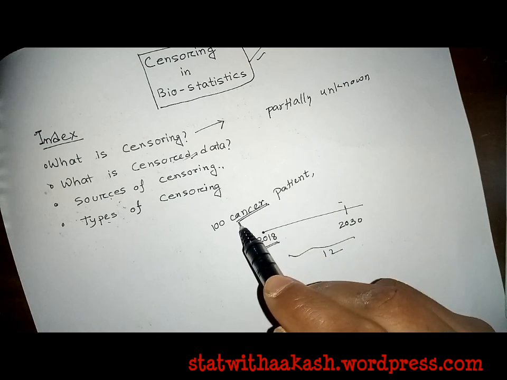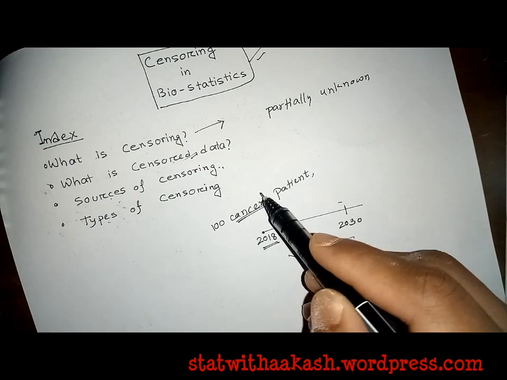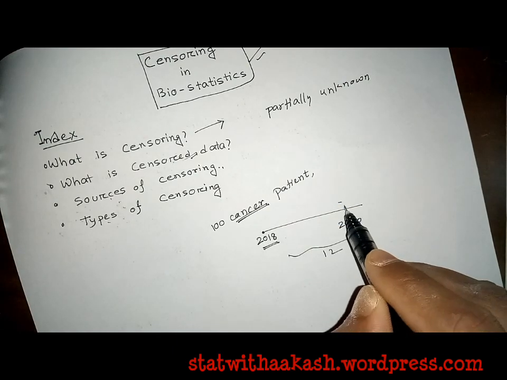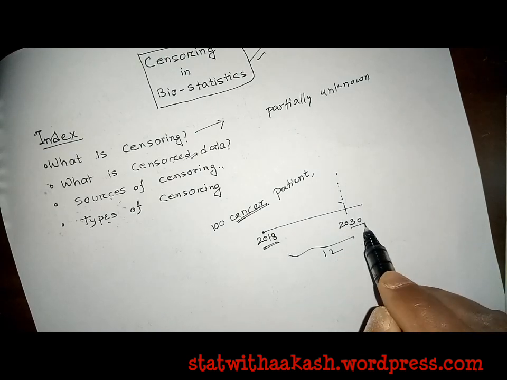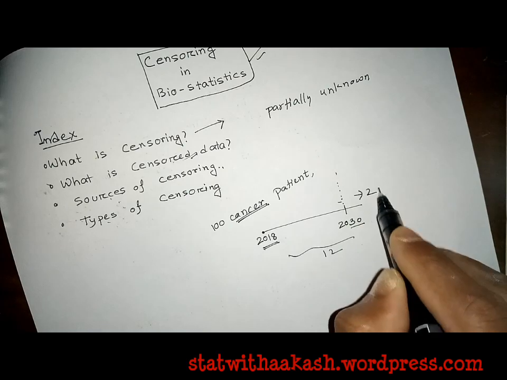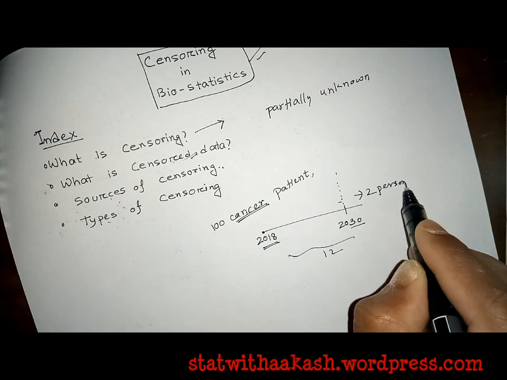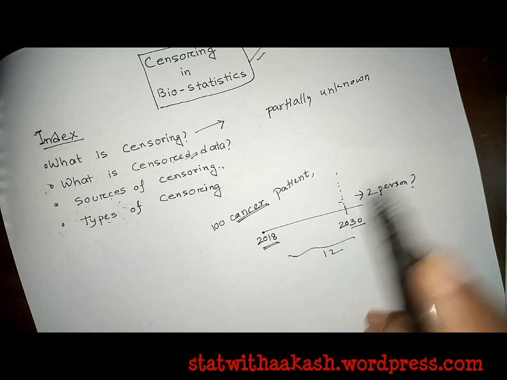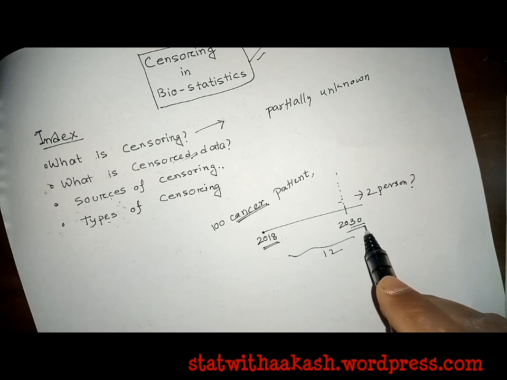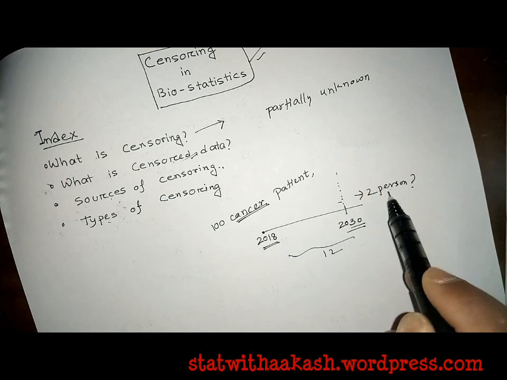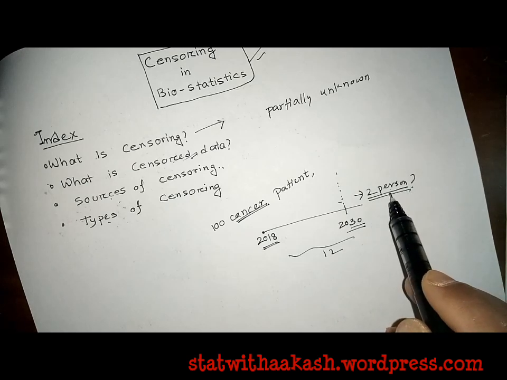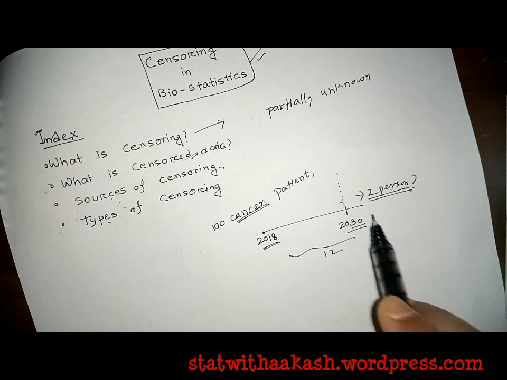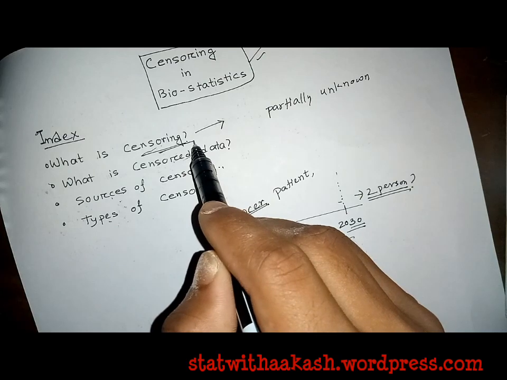You want to know their lifetime with cancer. But it happens that after 2030, 2% are still alive, so you are finishing your study in 2030 and you don't know exactly how many years they will live after 2030, this 2%. So this type is known as censoring in biostatistics.